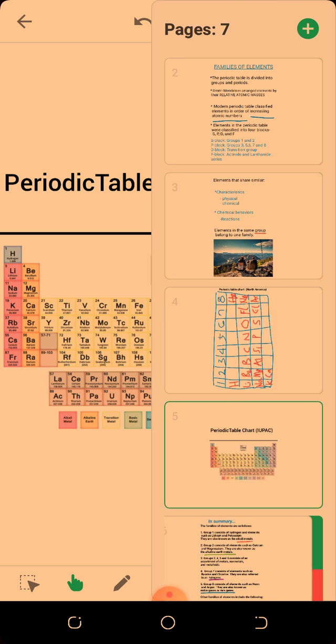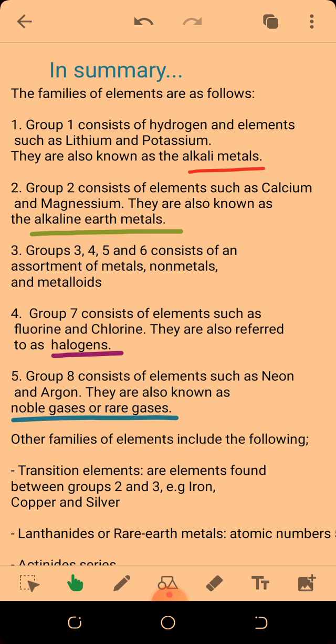So, in summary, the families of elements are the group 1 elements, known as alkali metals, group 2 family, also known as the alkaline earth metal family. Group 3, 4, 5, and 6 consist of an assortment of metals, non-metals, and metalloids, while group 7 are also known as halogens.